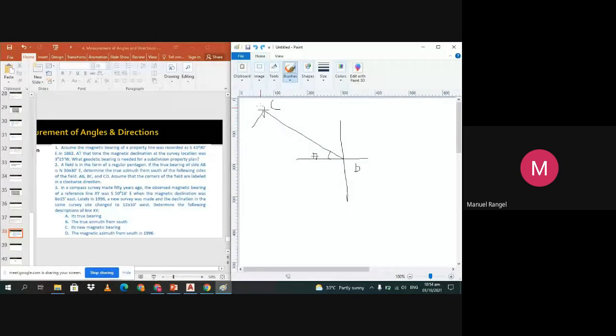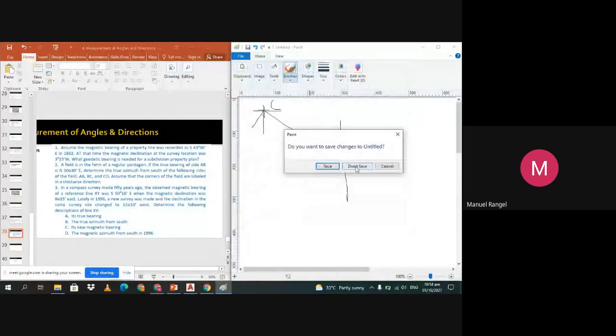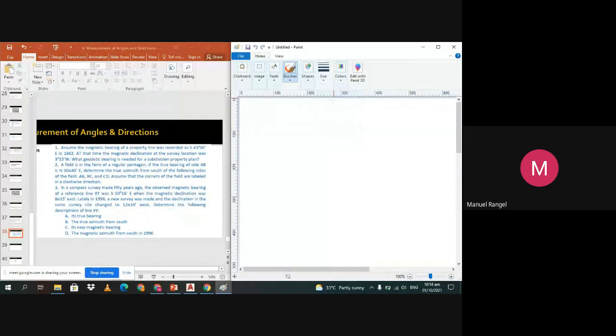From point C to D. From B, C, point C, C to D. So this is the bearing of 5 degrees, 30 minutes southeast.